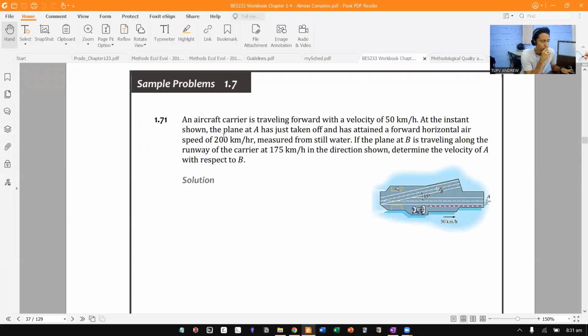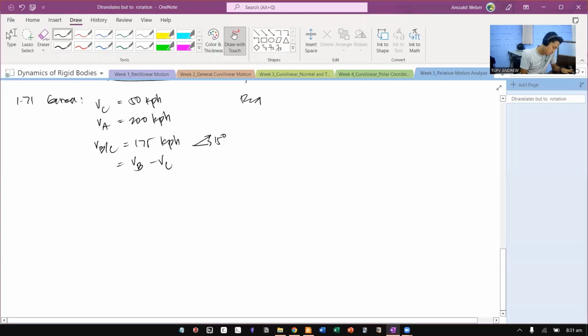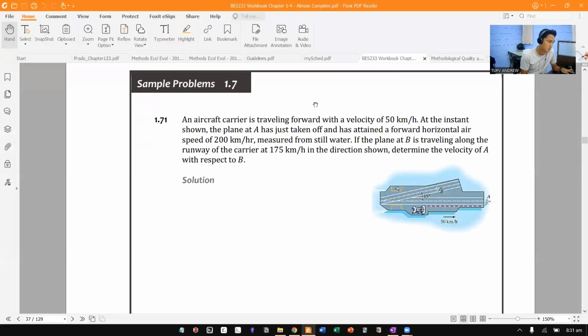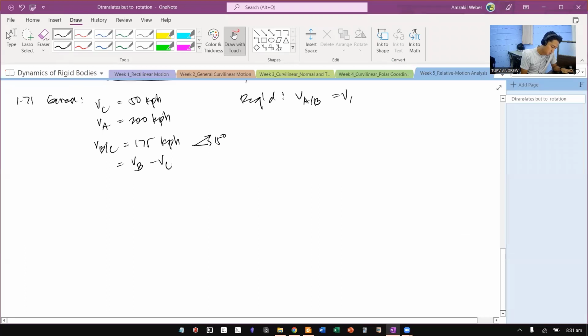All right. Now, what's the question? The question is the velocity of A with respect to B, which is equivalent to VA minus VB. We need to find the absolute velocities of A and B. Do we have VA? Yes, we already have VA.